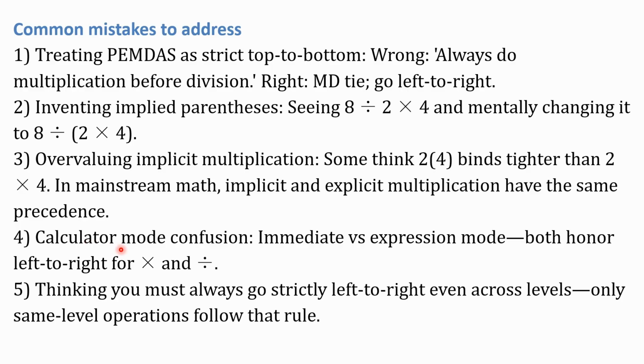A lot of people are confused with calculators. I have separate videos on this as well. Calculator mode confusion, immediate mode versus expression mode. Both are left to right for multiplication and division. Now, where you run into problems is if you have addition, multiplication, subtraction all mixed together, immediate execution mode calculators do not inherently solve according to the order of operations.